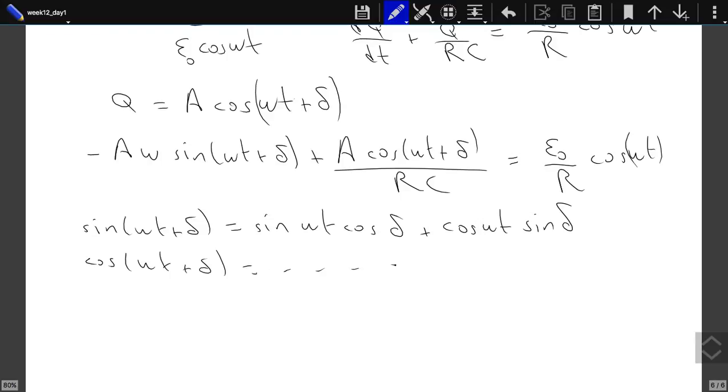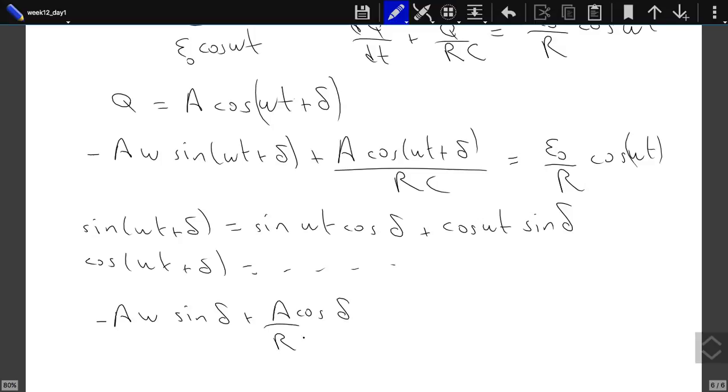If this is true for all times, then it should be true at time t is equal to 0. Well, at time t is equal to 0, the equation gives me minus A omega sine delta plus A cosine delta over RC.